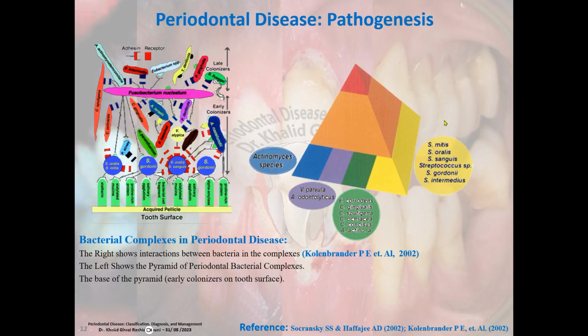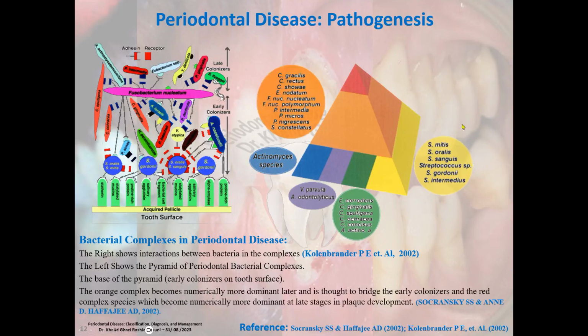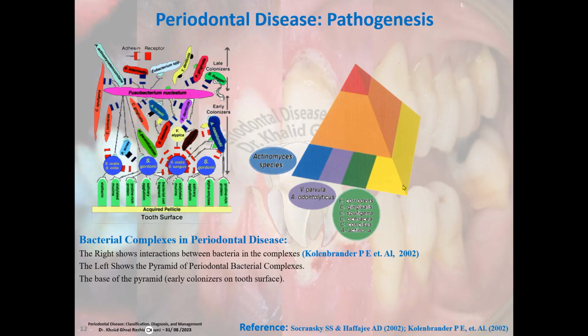We can see the different complexes, and we can see that streptococci are part of them. These are all early colonizers: the blue, the purple, the green, and the yellow.